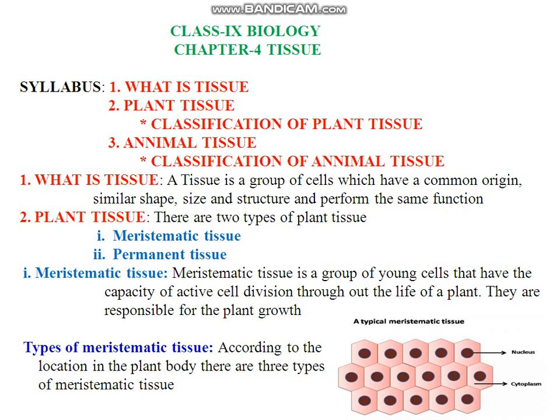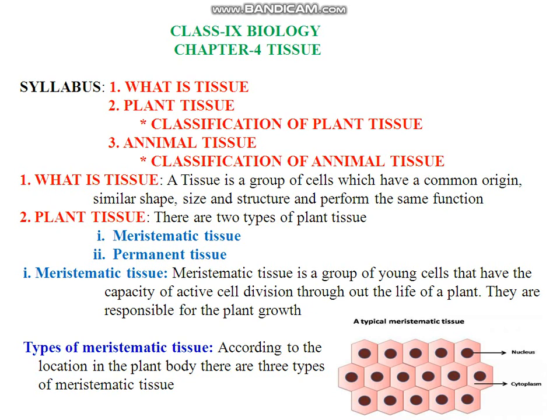That is why they are responsible for the growth of plant, and the structure of meristematic tissue is given here. You just go through the diagram. It is given very nicely in the book also. I am just giving some important points.